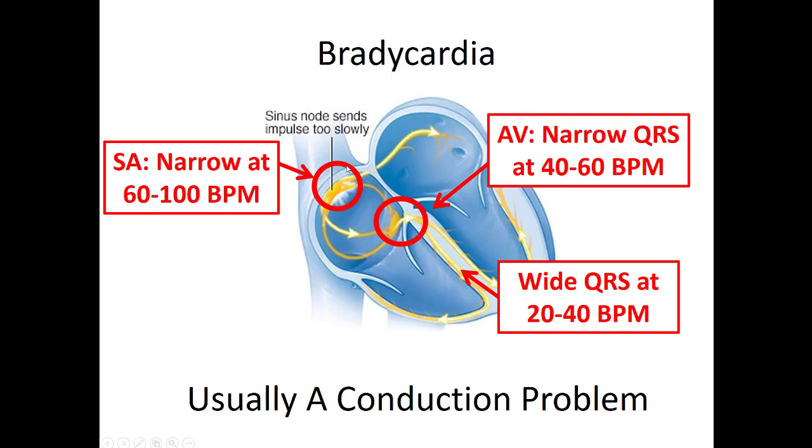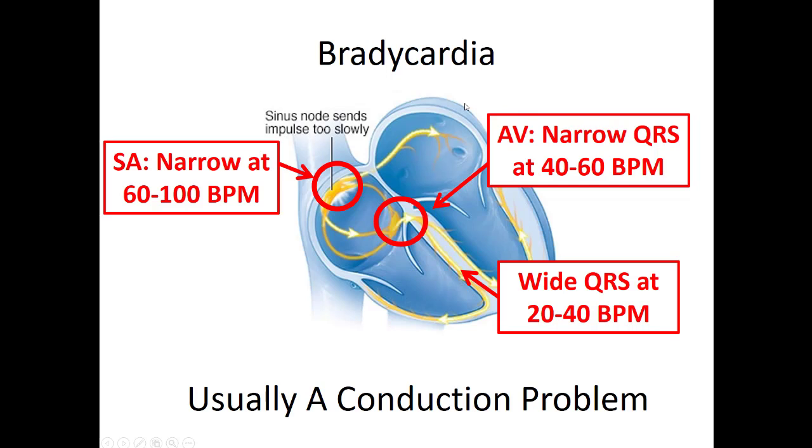So say for whatever reason the SA node is not working or is not conducting impulses. Our heart is a redundant system, right? Because life depends on our heart beating. If the sinoatrial node is broken for whatever reason, the AV node has the ability to take over, but the best it can do is only pump at 40 to 60 beats per minute. Now let's say that both the sinoatrial node and the AV node are taken out.